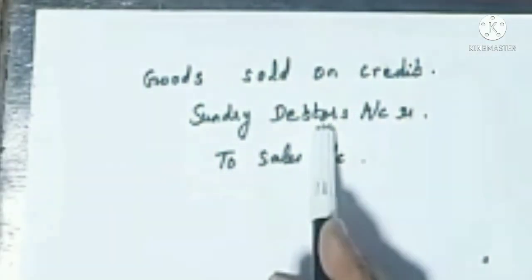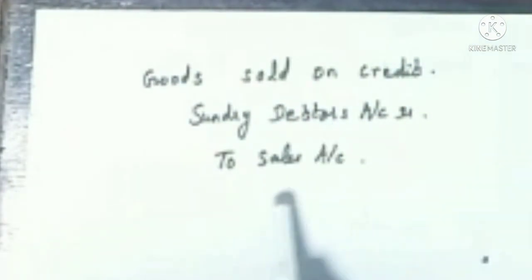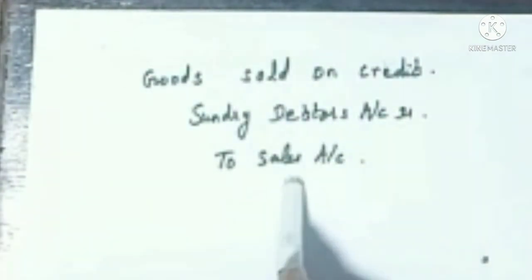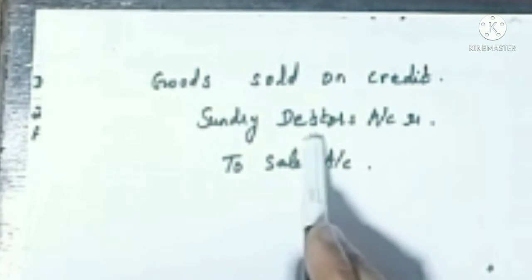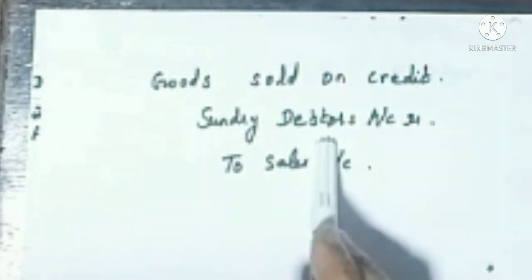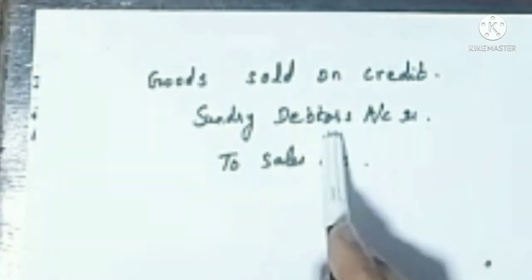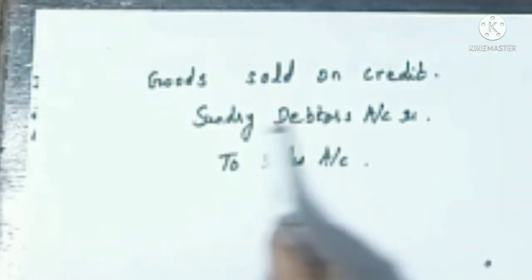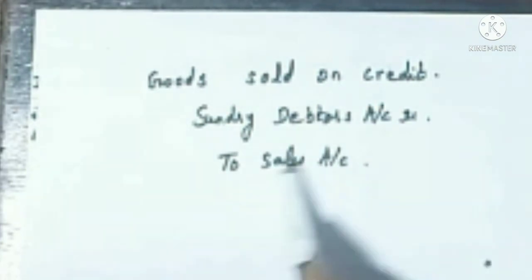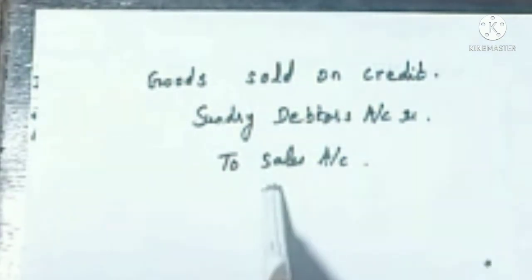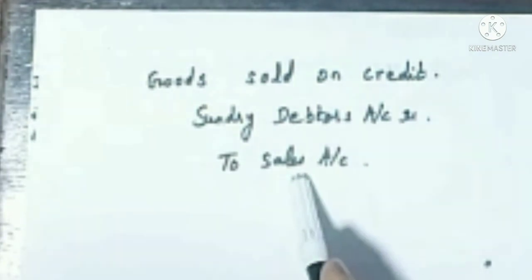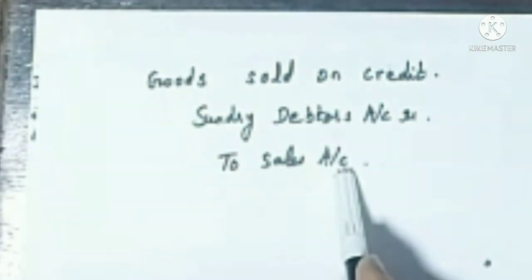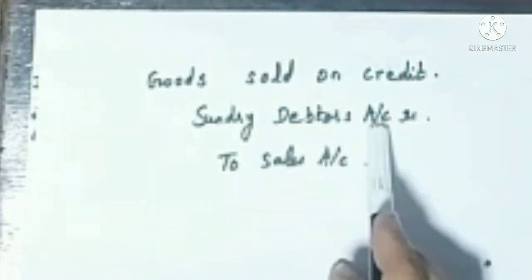He receives the goods on credit and goods are going out. Sale is an income, so it is credited. And sundry debtors are the persons who owe us money. They are like an asset to us, so it is debited. So the entry is sundry debtors account debtor to sales account. So while preparing sales account, we have to write it on the credit side of sales account by sundry debtors account.